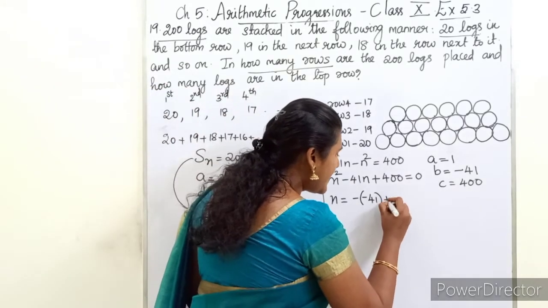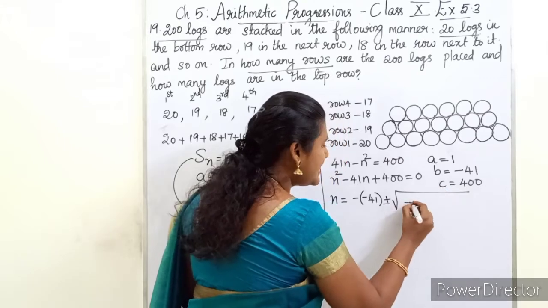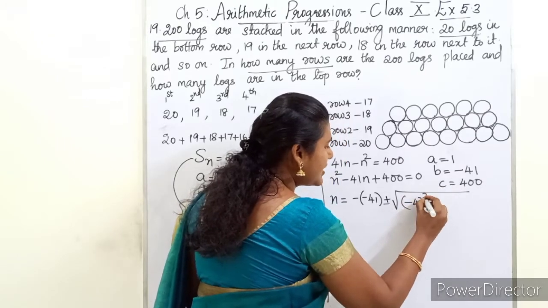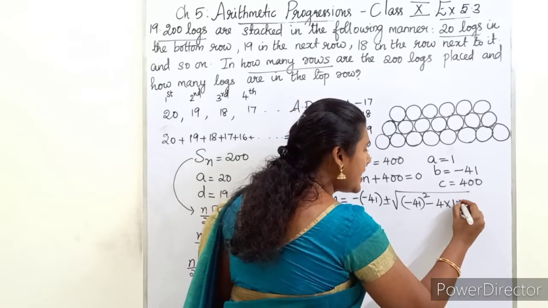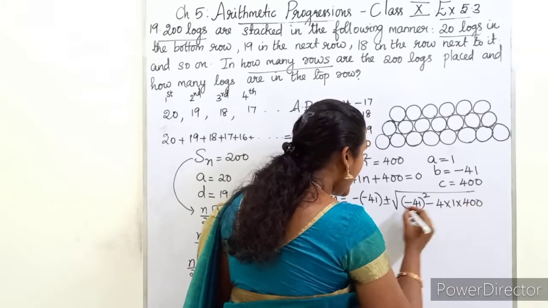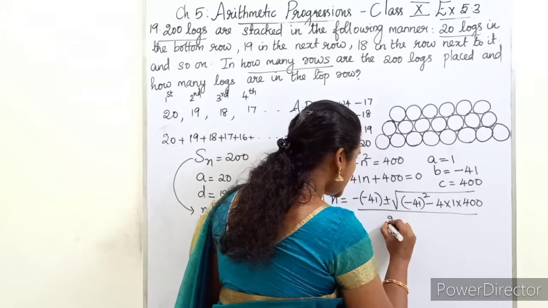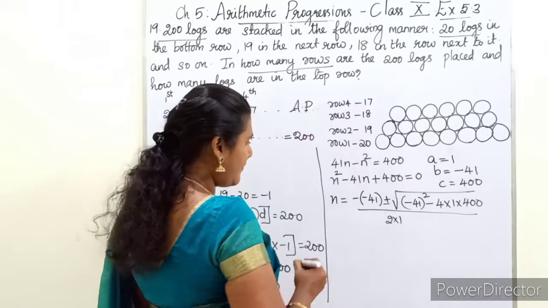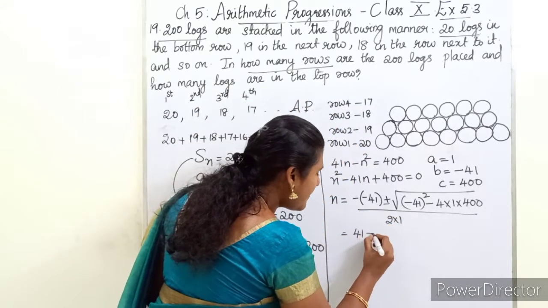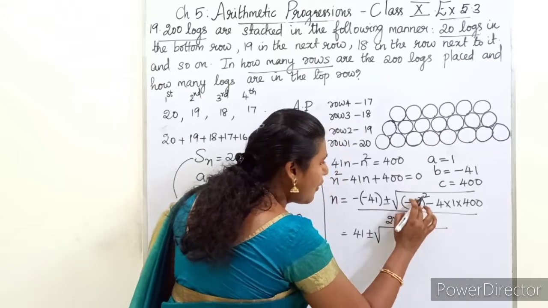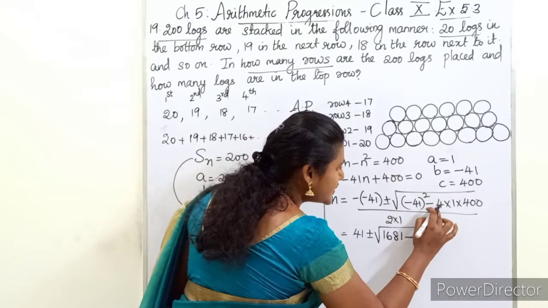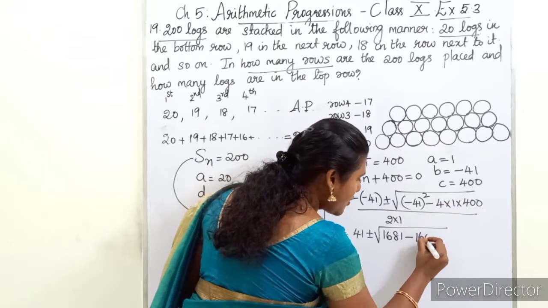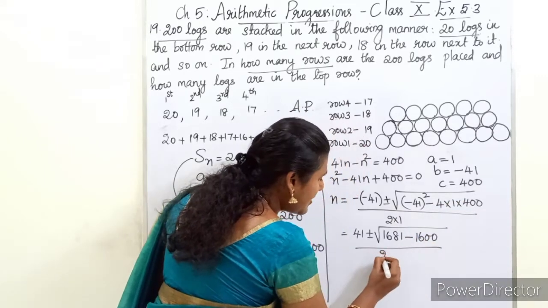So minus b plus or minus root of b square, that is minus 41 the whole square, minus 4ac, 4 into 1 into 400, divided by 2a, that is 2 into 1. Now we will simplify this. So 41 plus or minus root of 41 square is 1681, minus 4 into 400 is 1600, divided by 2.